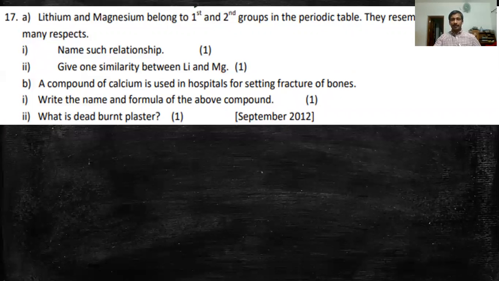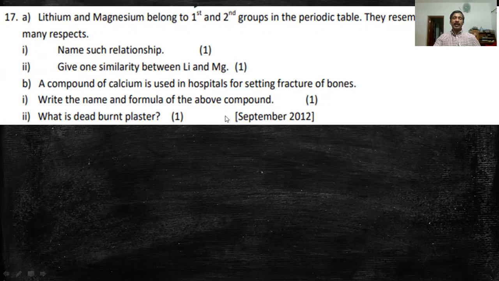Lithium and magnesium belong to first and second groups in the periodic table. They resemble each other in many properties. Name such a relationship. Diagonal relationship. Give one similarity between lithium and magnesium. Already we discussed: both react with nitrogen to form nitrides.